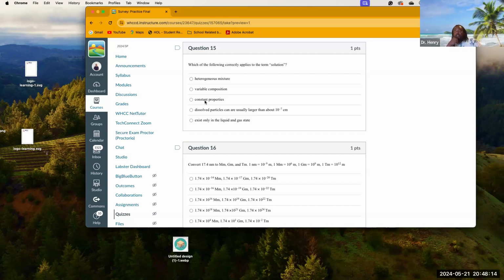Heterogeneous mixture. So when we make reference to heterogeneous, what does that typically mean? You mean two different things. Different, yeah. Okay. But in this context, we're talking about the visual aspects of it. So if I have water and vodka, can you see the difference between those? To a degree, but not eventually over time. Yeah.